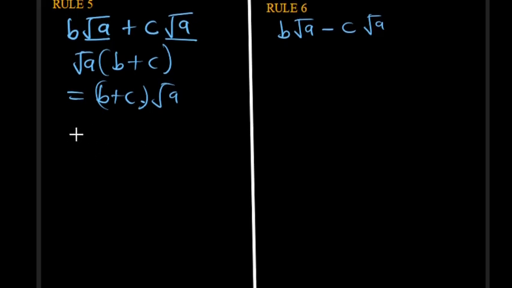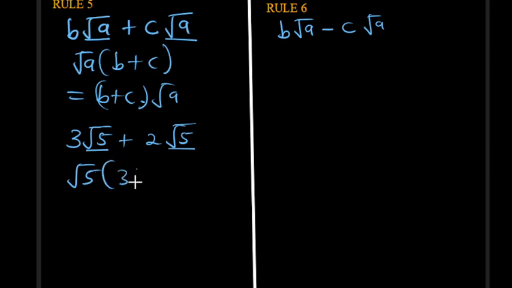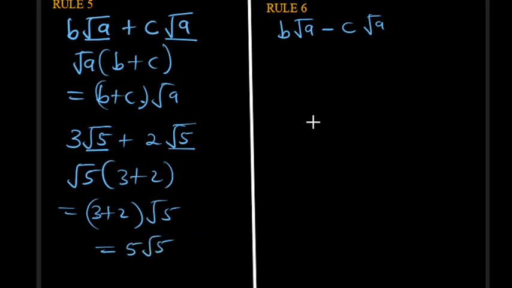Imagine a situation where we have 3 root 5 plus 2 root 5. This is a common factor here. We bring out root 5, then 3 plus 2, and this is 3 plus 2 is 5, and we get 5 root 5.